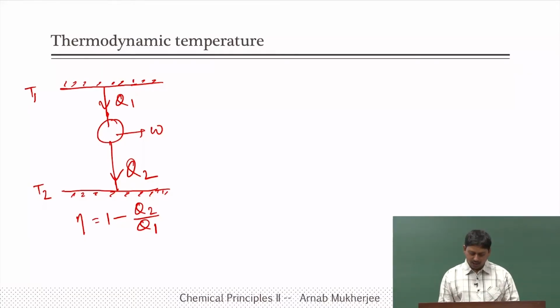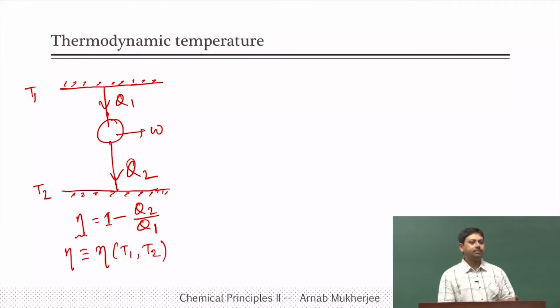So, you see this efficiency eta, which is 1 minus Q2 by Q1, depends on these two temperatures T1 and T2. We can say that the efficiency is a function of the two temperatures T1 and T2, because nothing else is required to define the efficiency of a Carnot engine apart from the heat taken in and heat thrown to two different temperature reservoirs.